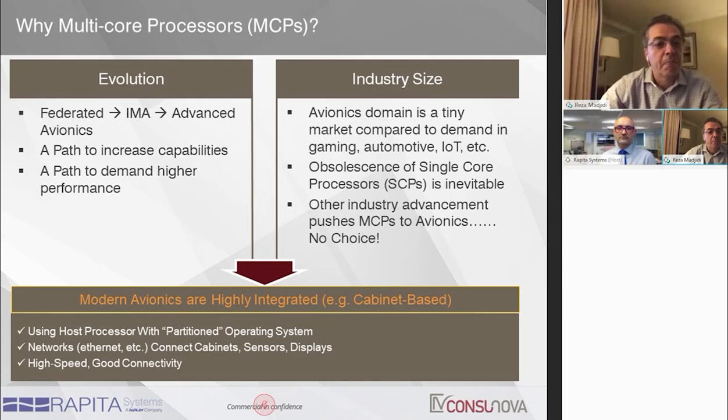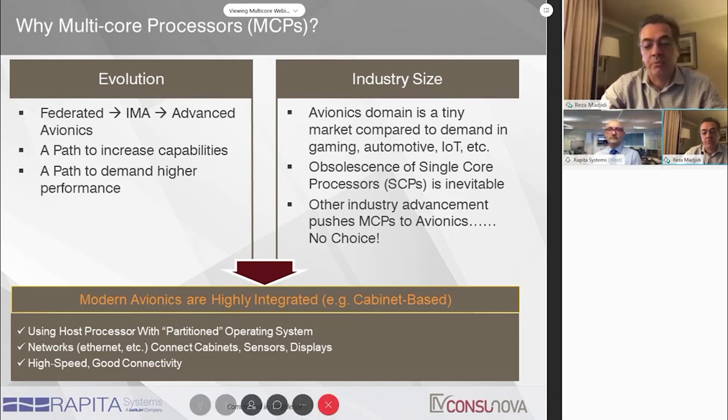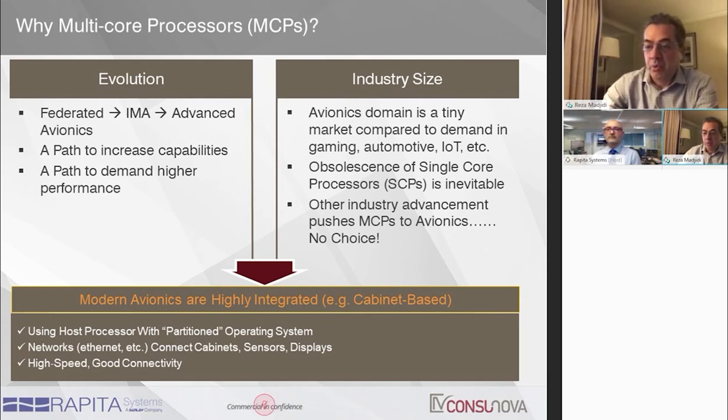In addition, we are moving from federated systems to IMA concepts, and then to cabinet-based advanced avionics. We put more functionality into each card, so capability increases, along with higher demand for speed and multiple processes and applications. For those two reasons we have to address this, and certification authorities, FAA and EASA, have provided guidelines for this purpose.